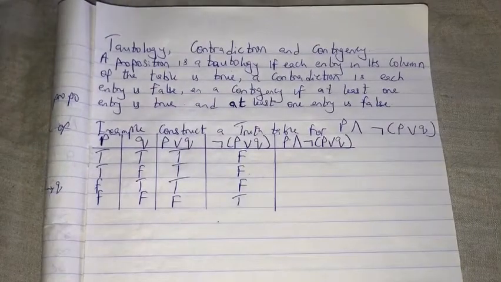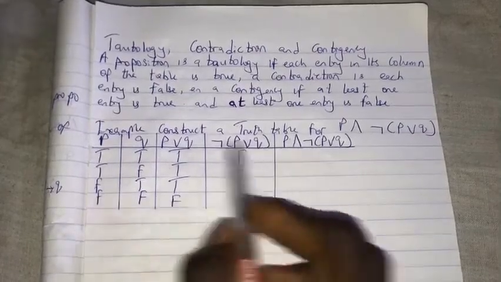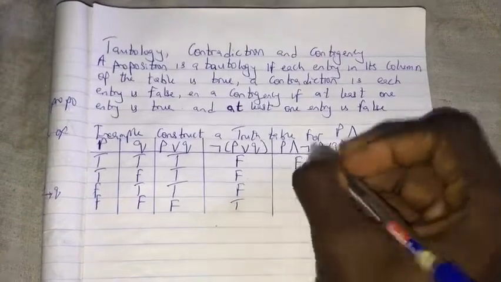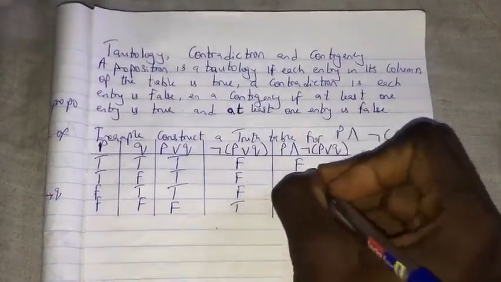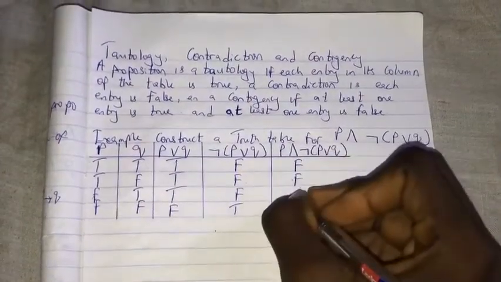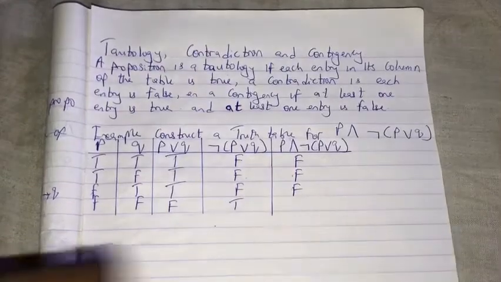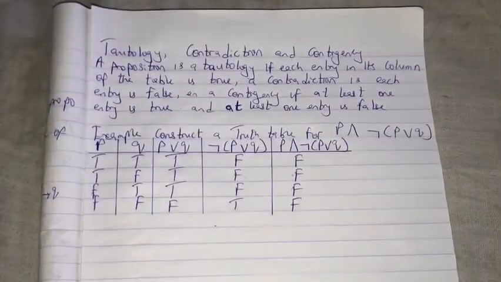So next thing is find P and all of this. True, false, gives us false. True, false again, also gives us false. False, true, gives us false. False, false, will still give us false.